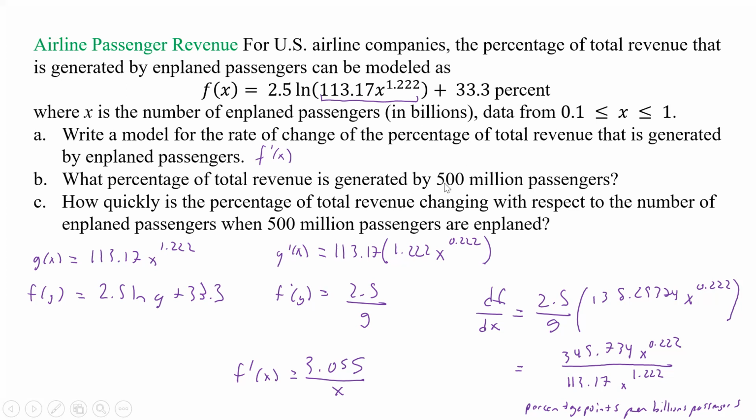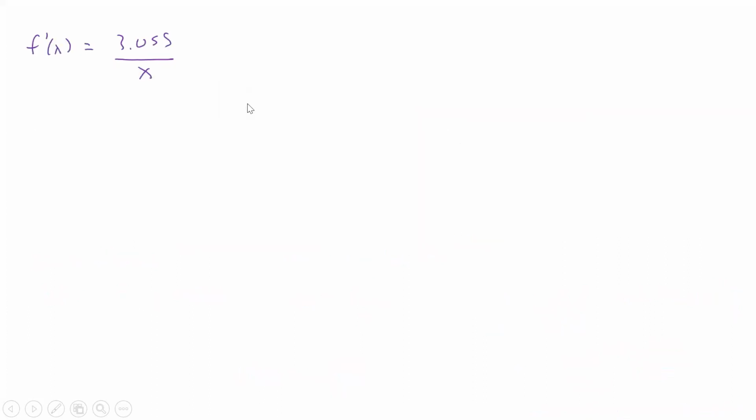Well, remember it's in billions, so 500 million is half a billion, and so we want to find out what f of x is when x is equal to 0.5. So f of 0.5 equals 2.5 ln of, I need to get my book out here, 113.17 x to the 1.222, but x is a half.